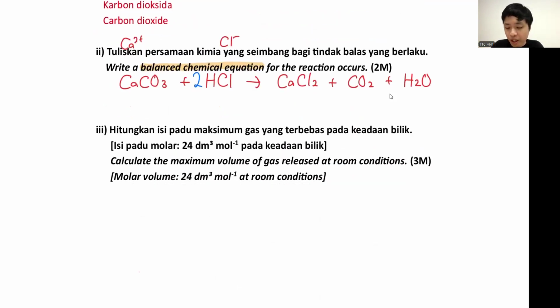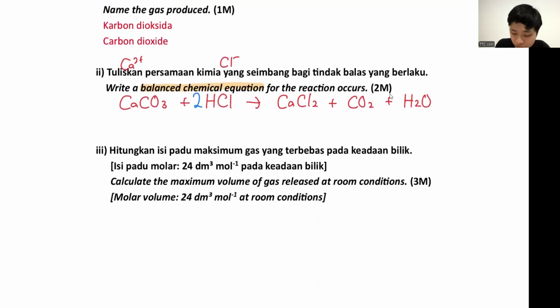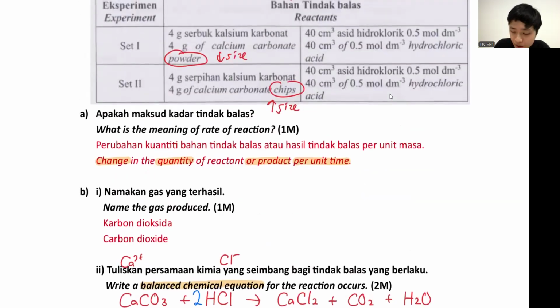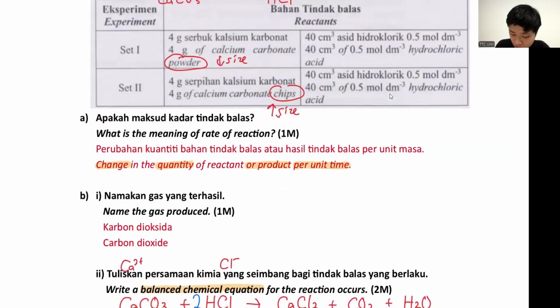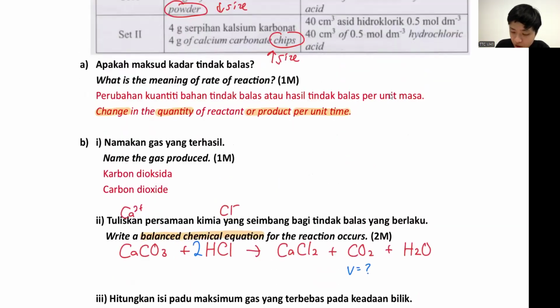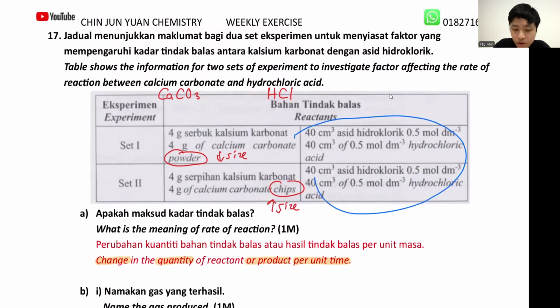Calculate the maximum volume of gas released at room conditions. So this one is a number of moles question. The information given: they ask you to find the volume of gas, which here is carbon dioxide gas, V equals question mark. Actually the acid they use, both are the same.